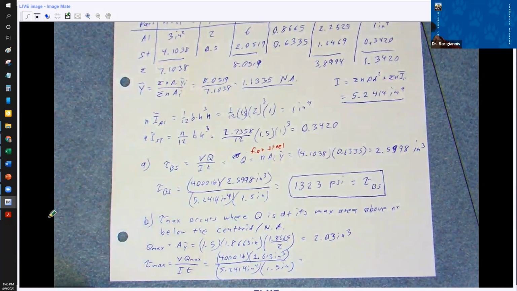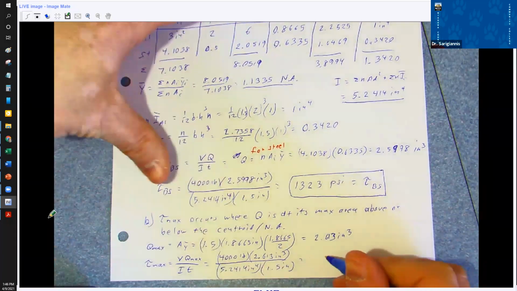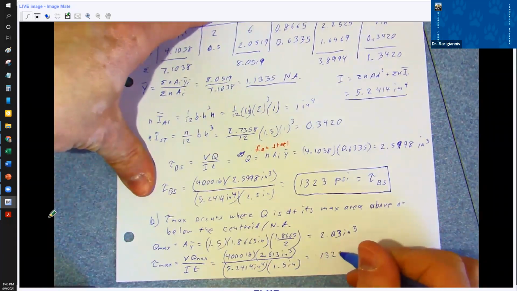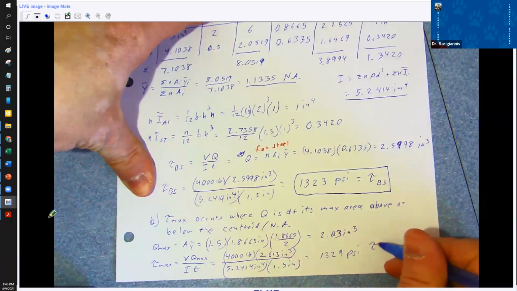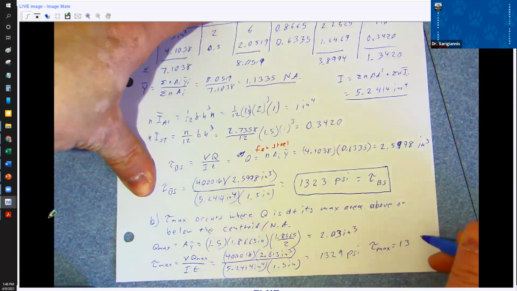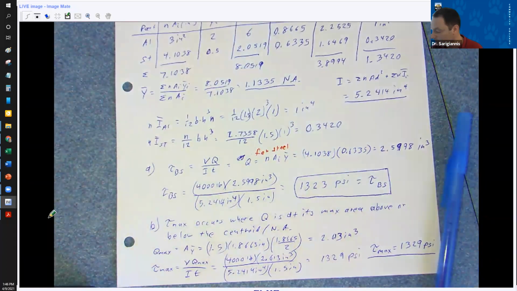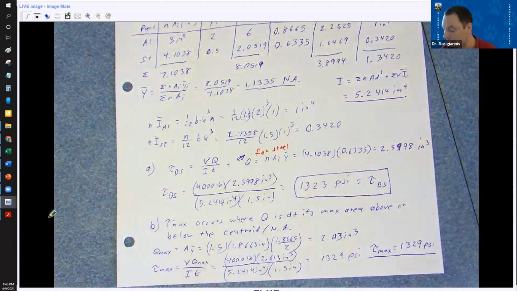So this turns out to be 1329 psi. So tau max is 1329 psi.